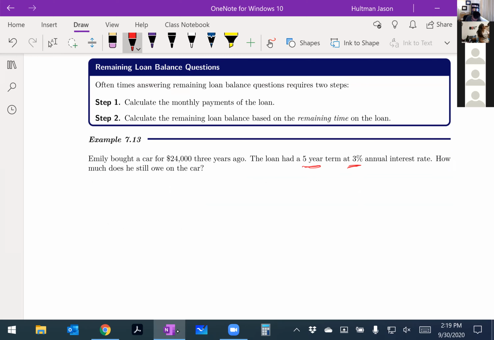Okay, so let's look at our handy dandy formula here. The present value is equal to the deposits times 1 minus 1 plus r over n to the negative nt, all over r over n, right?